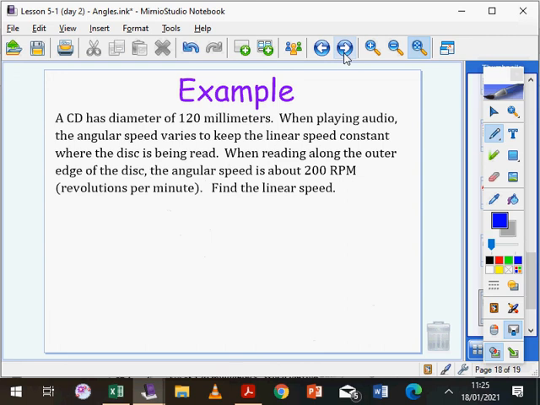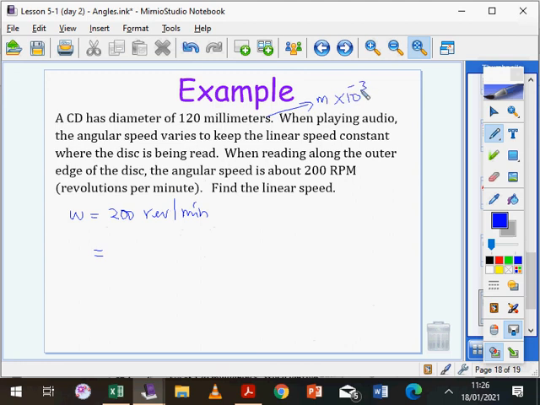So 200 RPM, remember revolutions per minute, angular velocity is equal to 200 revolutions per minute. Find the linear speed. I'm going to work in meters, but we have millimeters. So remember, we'll need to change this to meters, which is multiplying by 10 to the minus 3.